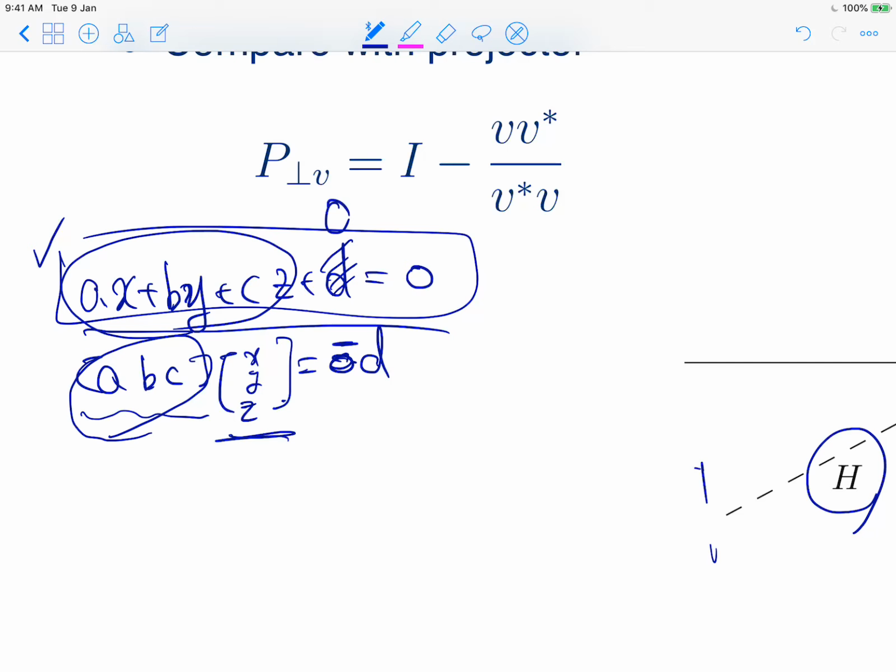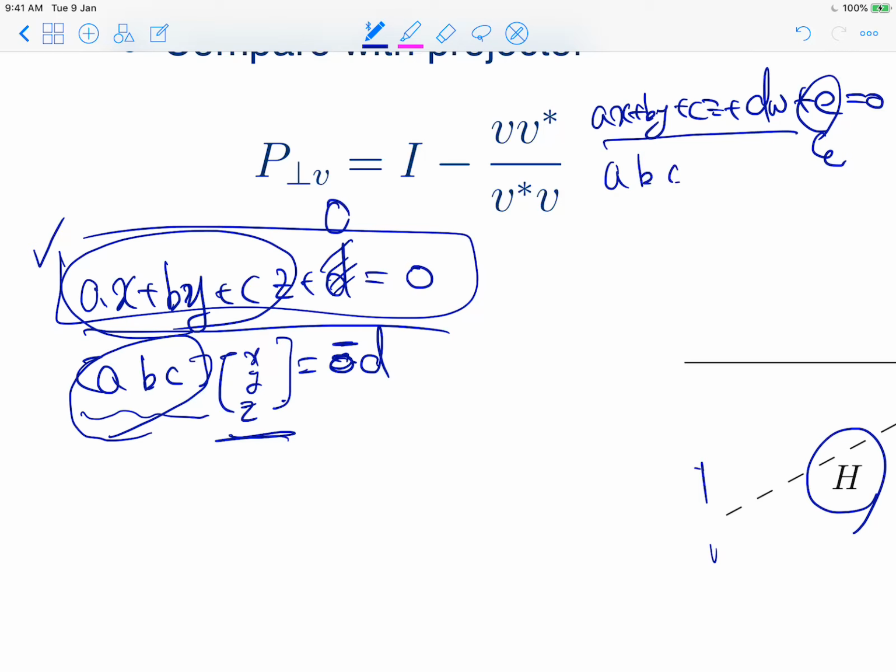And in the case of four-dimensional space, AX plus BY plus CZ plus DW plus E equals 0. If we ignore the constant part, it is still represented as the inner product of A, B, C, D and X, Y, Z, W being equal to 0.